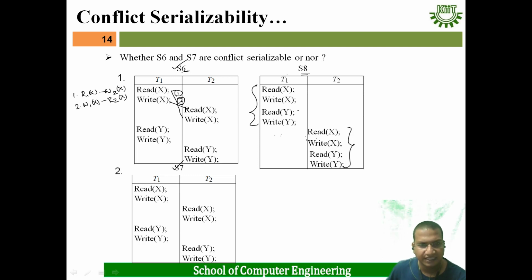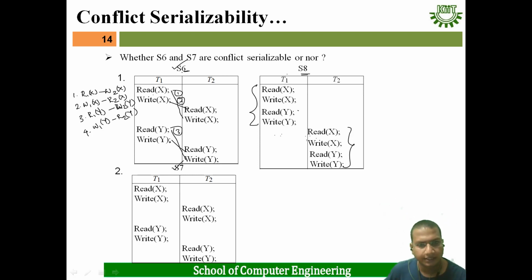Is there any other conflicting operation? Yes, read Y to write Y. This is your third, that means the third conflicting operation is R1Y to W2Y. Then W1Y to R2Y. These are the various conflicting operations.